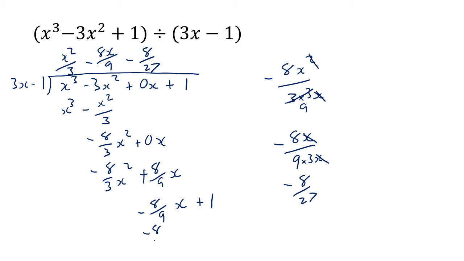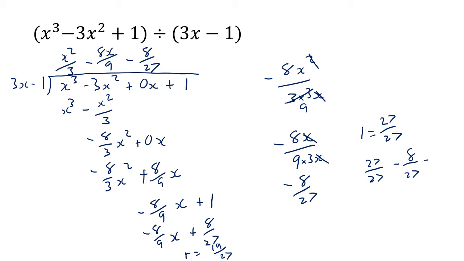So I get minus 8 over 9x plus 8 over 27. And if I do the last subtraction of this one minus this one, I'm just going to squeeze it in here. So your remainder is going to equal 19 over 27, because 1 equals 27 over 27. So if you do 27 over 27 minus 8 over 27, you get 19 over 27.